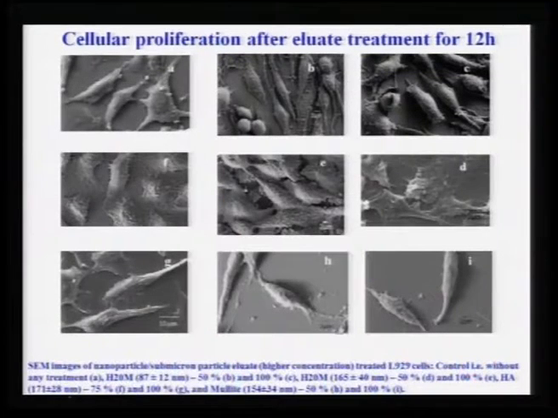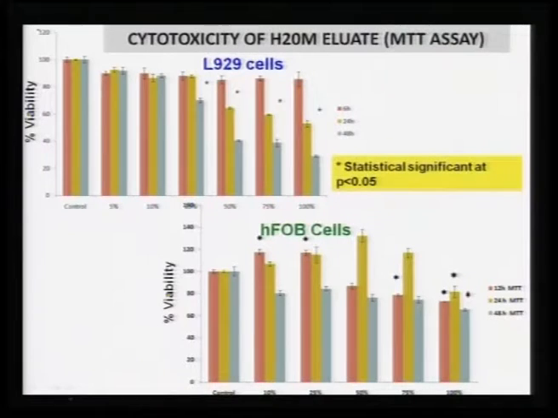So, this is the typical cell morphology after treatment with different concentrations of that H20M, hydroxyapatite 20% mullite, of less than 100 nanometer, and you can see that the morphology also changes depending on the treatment concentration or treatment time.